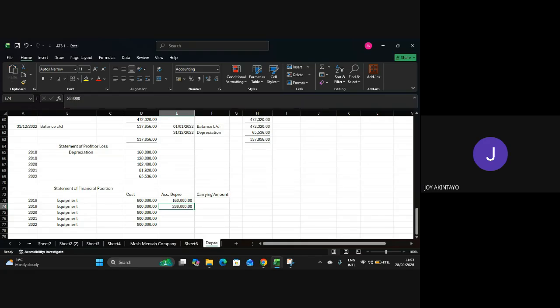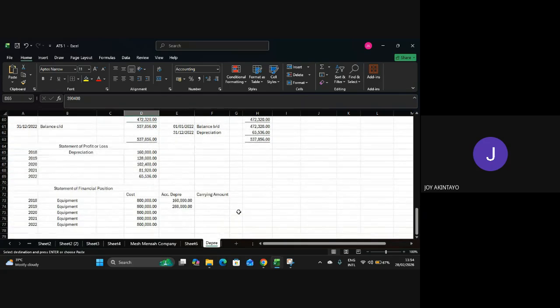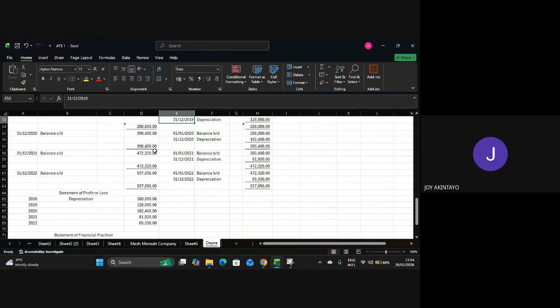The next accumulated depreciation will be 390,400. Are you getting it? The next one will be how much? Are we together? 472.